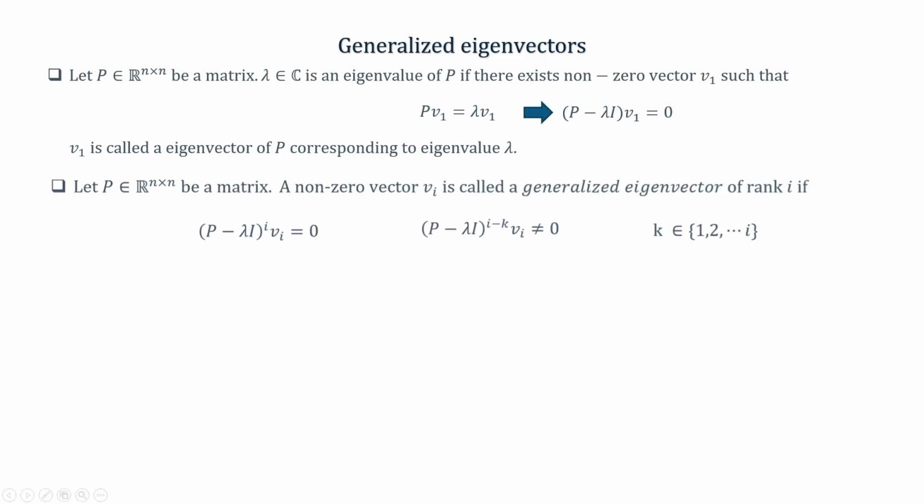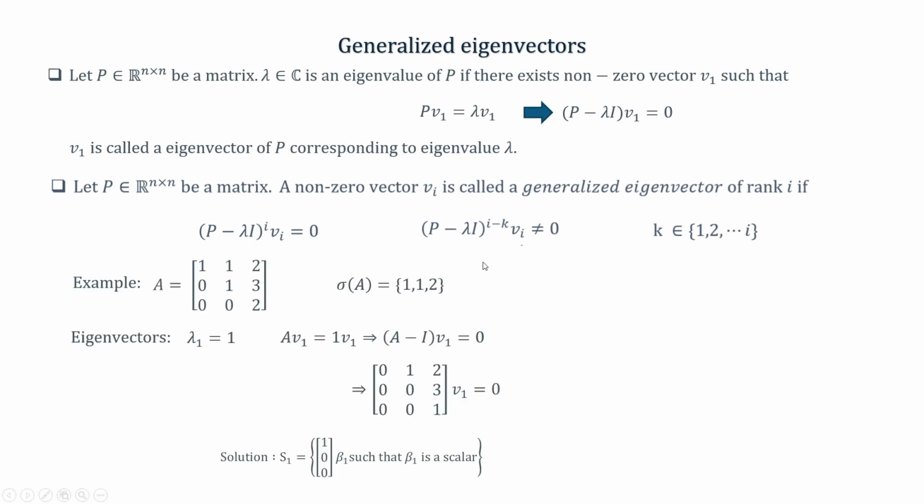So, a non-zero vector V(i+1) is called a generalized eigenvector of rank i if it satisfies (P minus lambda I) to the power of i V(i+1) equal to 0, and it does not satisfy the previous equation. Then we say that this is a generalized eigenvector. Now, how does this help us?